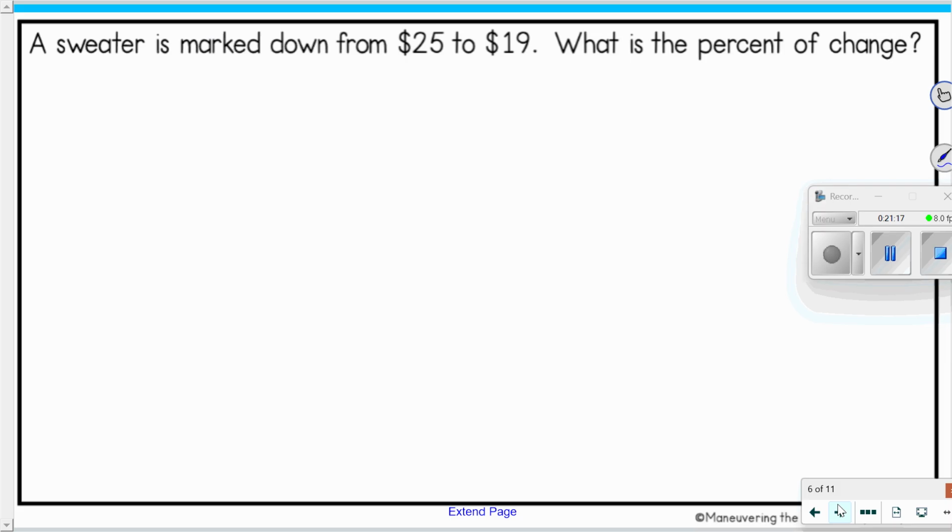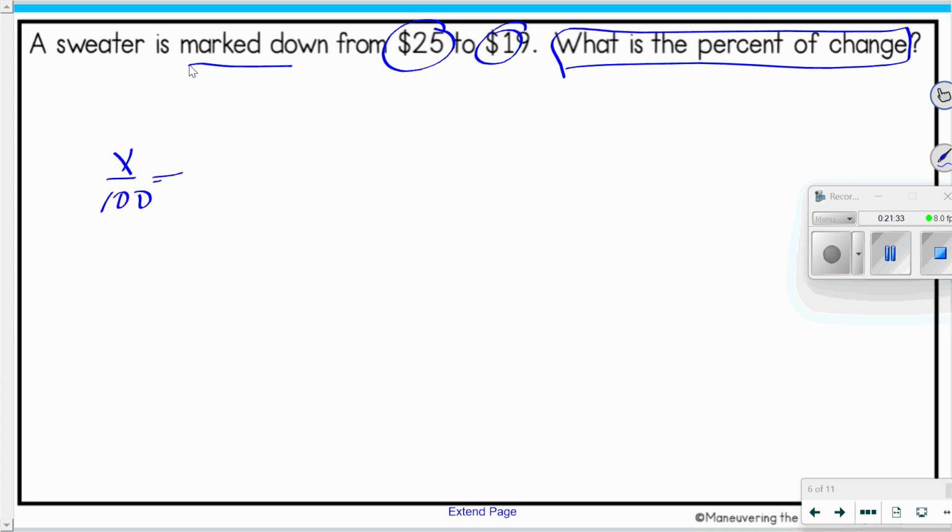Okay, this one, I'm going to go ahead and walk through this with you because we're running out of time and I do want to at least get to the notes for the next one with you guys. A sweater is marked down from 25 to 19. What is the percent of change? So now I don't know it, so my percent change. What is the change between the two? $6. What was my original?